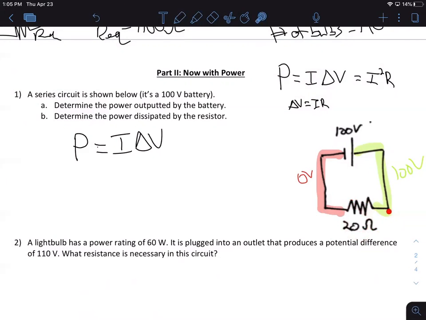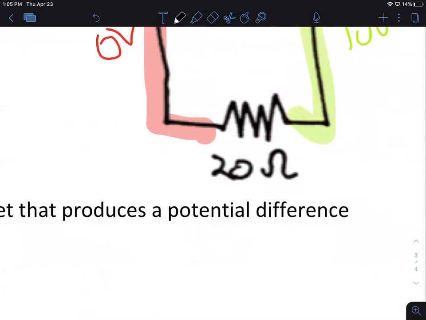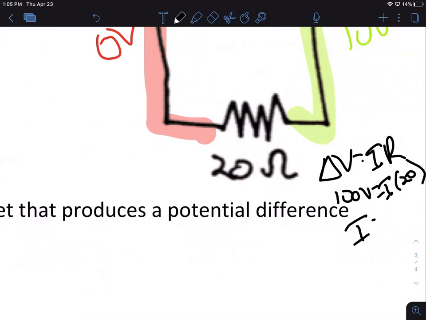I know this resistor is changing the voltage by 100 and its resistance is 20 ohms. So delta V equals IR, 100 equals I times 20. The current is going to be 5 amps.